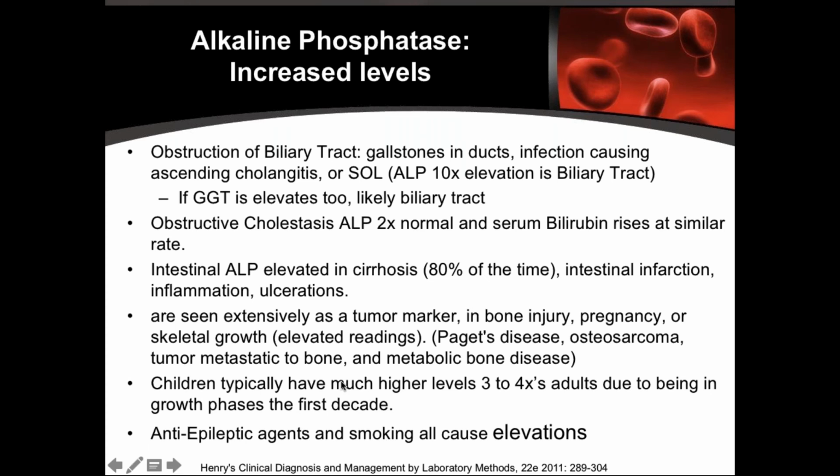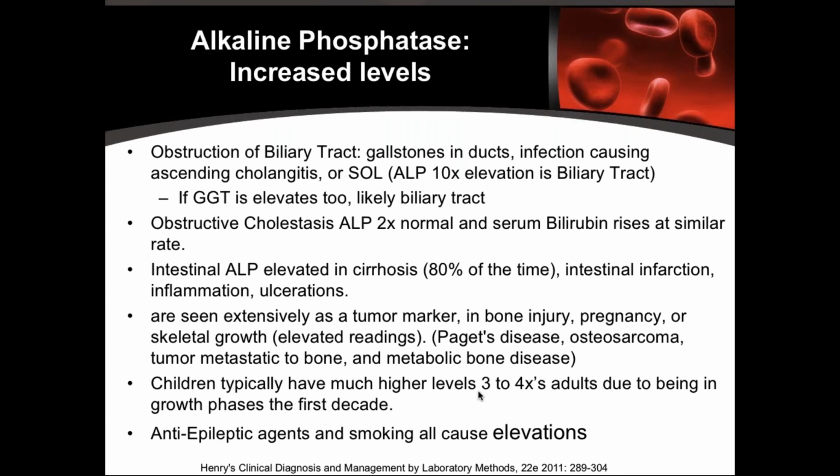And then the last two for the day. Remember that children, because they're growing, typically have levels as high as 4 times the alkaline phosphatase of adults during that first decade of life. So when you're looking for an osteosarcoma, you do want to take that into account. Anti-epileptic agents and smoking all cause elevations, right?